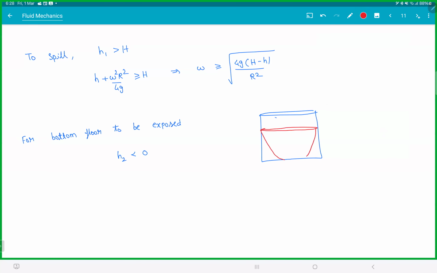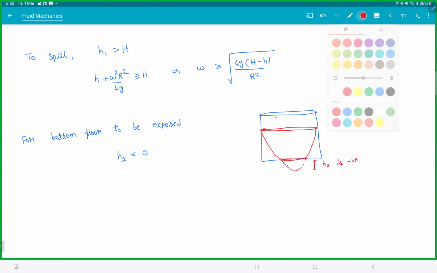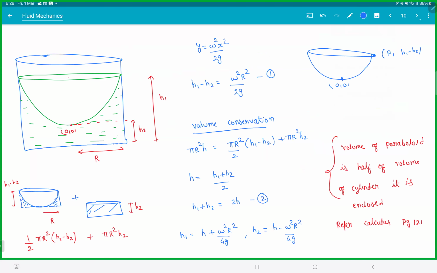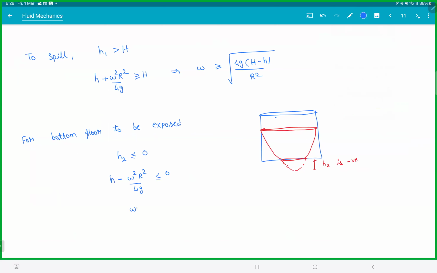The parabola equation which we got, if you had continued, it would have been like this. Meaning H2 is negative. This is H minus omega square R square by 4G is less than 0. And we get omega should be greater than or equal to the root of 4GH by R square.